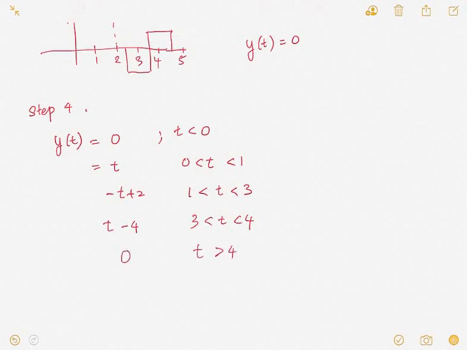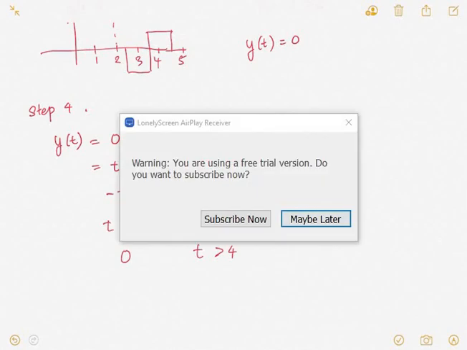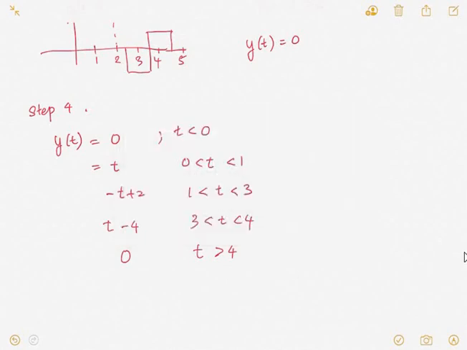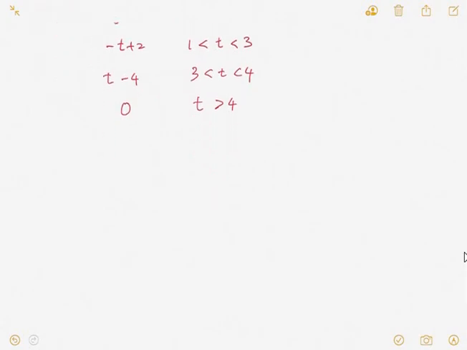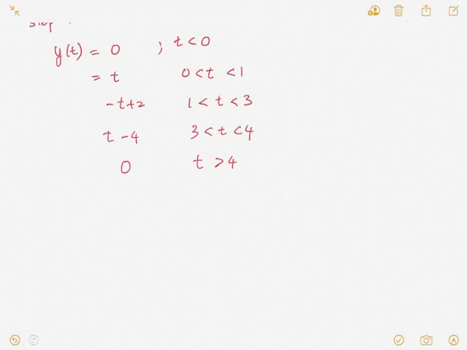So you just assemble, or combine, all the output signals. After assembling the output, you may plot the graph. Okay, you may plot the graph of y(t). Okay, how to plot the graph y(t)?